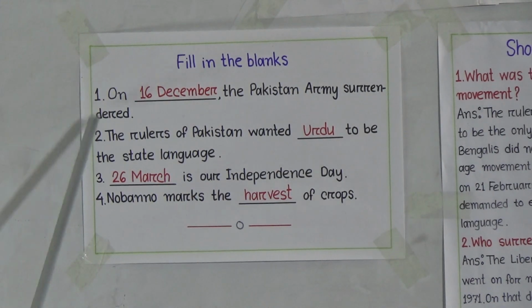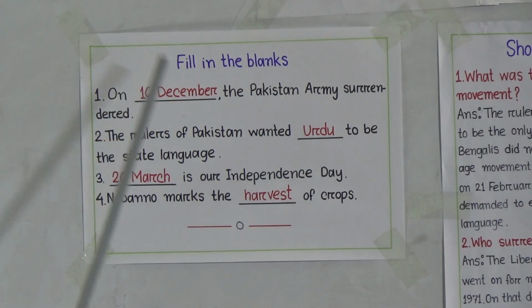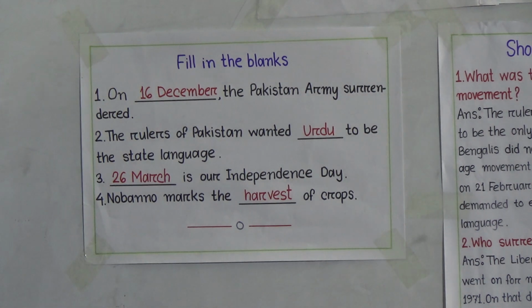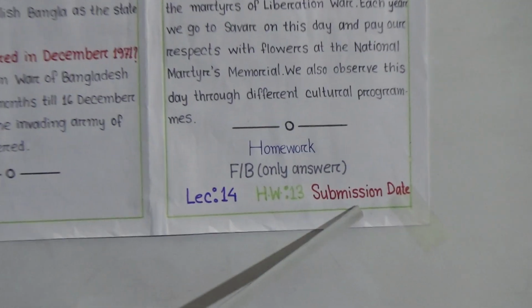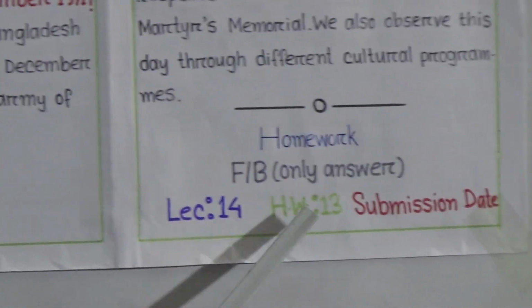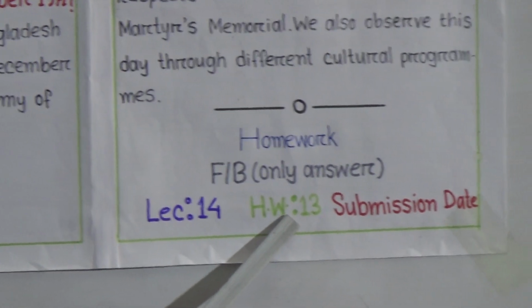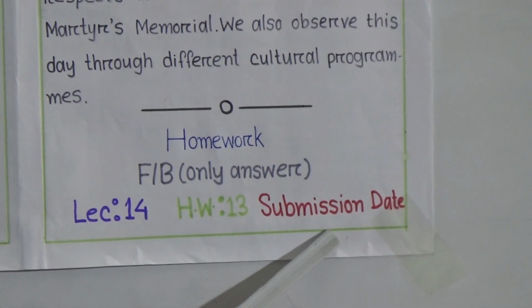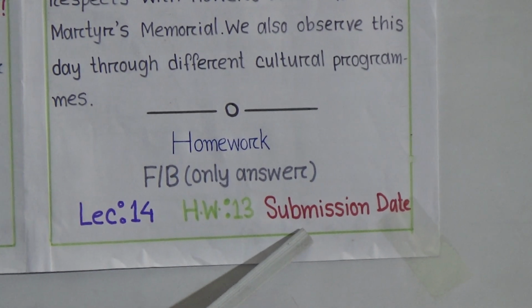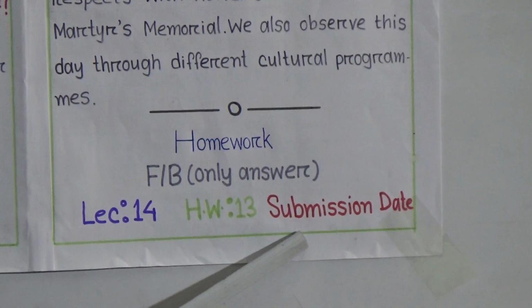You will give the numbers 1, 2, 3, 4 and then only write the gap. And don't forget to write the lecture number and homework number with the submission date. Our lecture number is 14 and homework number is 13. The submission date will be the date of Sunday, because on every Sunday you have to submit your SW copies.